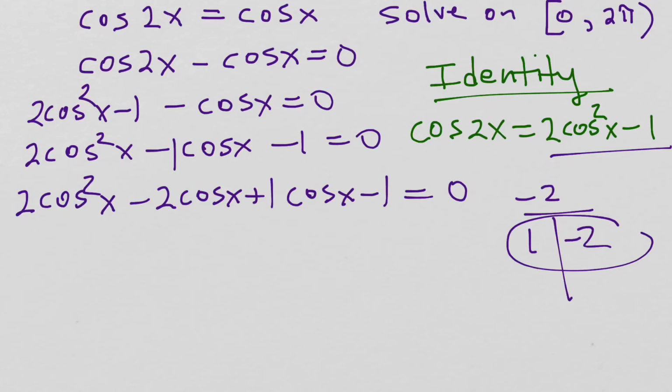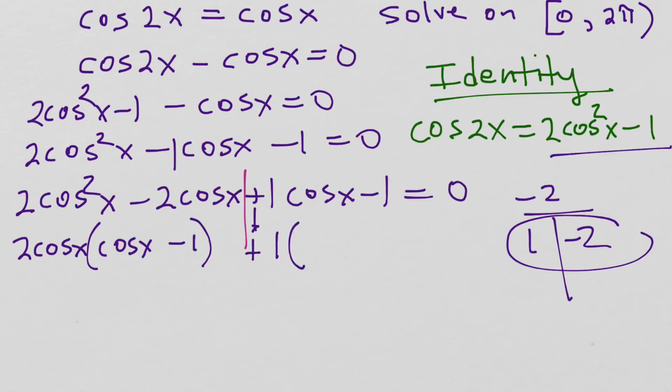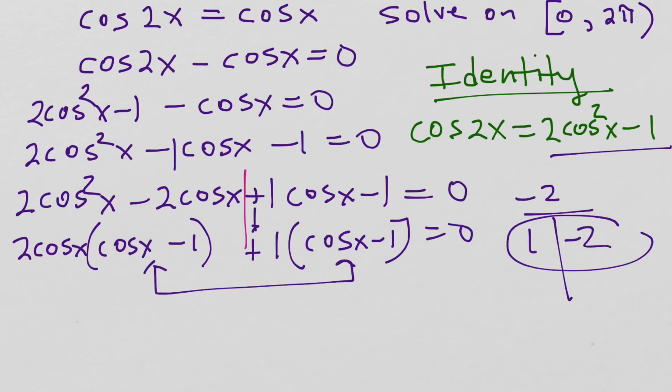So now I can factor by parts. So I'm going to cut it down the middle here. I'm going to factor out a GCF out of those two terms, bring down my plus, factor out a 1 out of these two terms. These two factors here should be equal, if you've done it correctly.